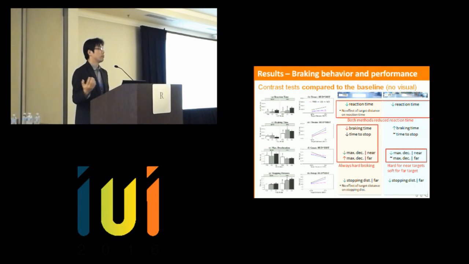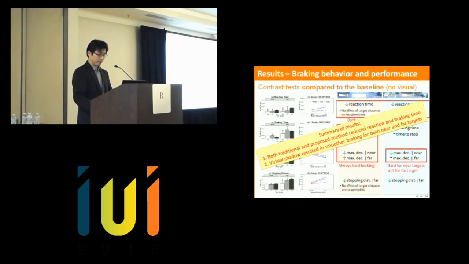But with our design, drivers could coordinate how hard they should brake. For a close target, a very hard brake, but for a distant target, it's okay, I don't need to brake so hard. In summary, both the traditional and proposed methods reduce reaction time, but the virtual shadow results in smoother braking for both near and far targets.